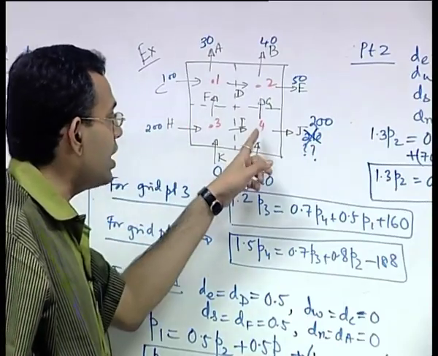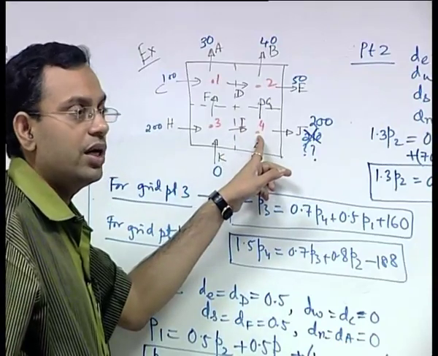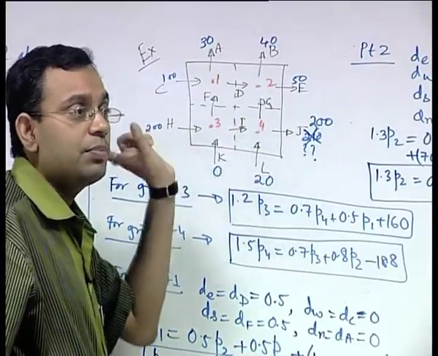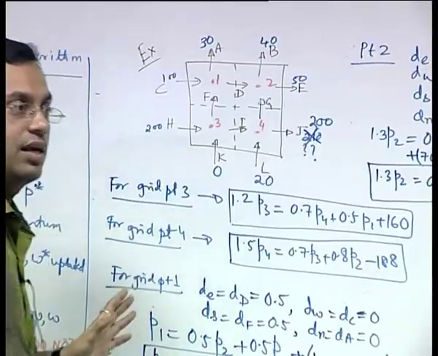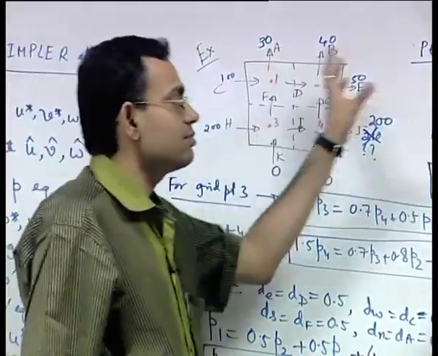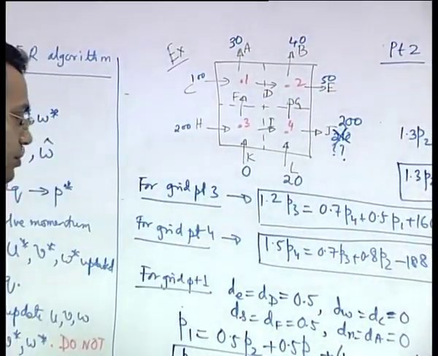So, different choices of pressures at some reference point will give you different values of the pressures at the remaining points, but the pressure differences will remain the same, and those are what are responsible for the momentum equation solution.